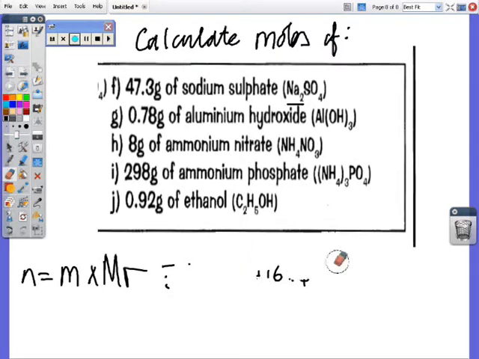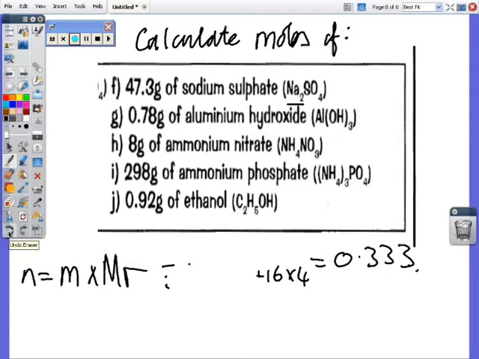Okay, let's move on and have a look at our aluminium hydroxide. So we've got 0.78 grams of aluminium hydroxide, so we need to put that on the top line, and on the bottom line then we will put the RFM of aluminium hydroxide, and that calculates out at 0.01 moles.